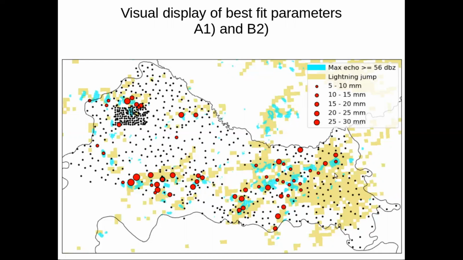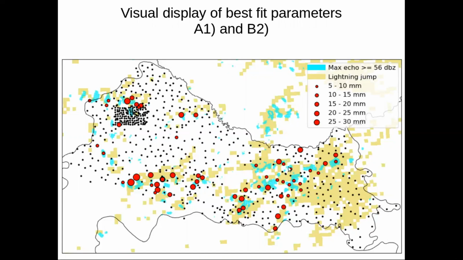The second reason is that this event occurred later during the day and even during the night. So it could be that the vertical profiles of temperature and water didn't favor the generation of hail.